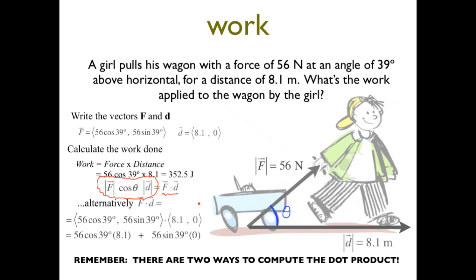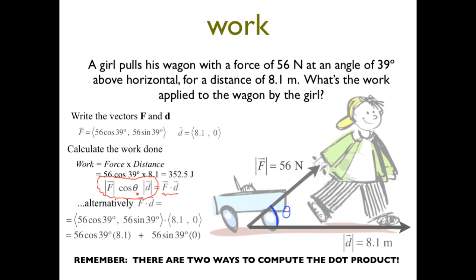This also allows us to solve for the angle. If you didn't know the angle, but you knew the two vectors, you could solve for the angle using both sides. You could easily do this side: find their components, find their magnitudes, and all that would be left is cosine theta.